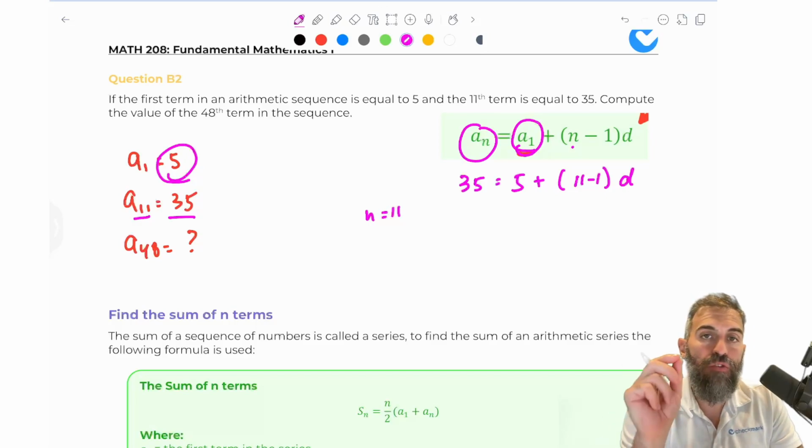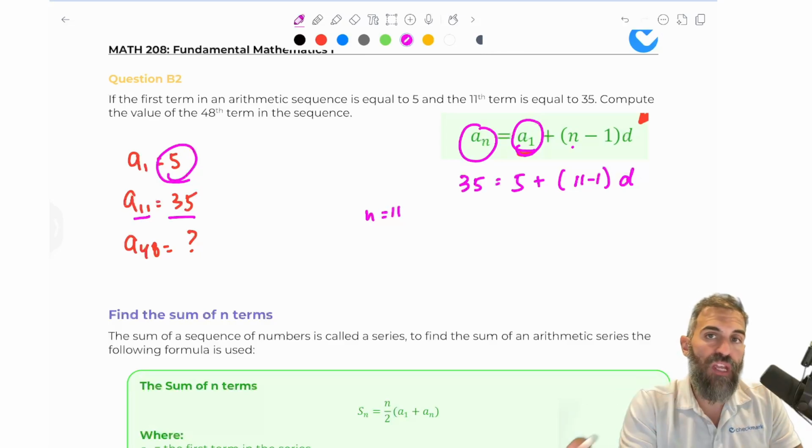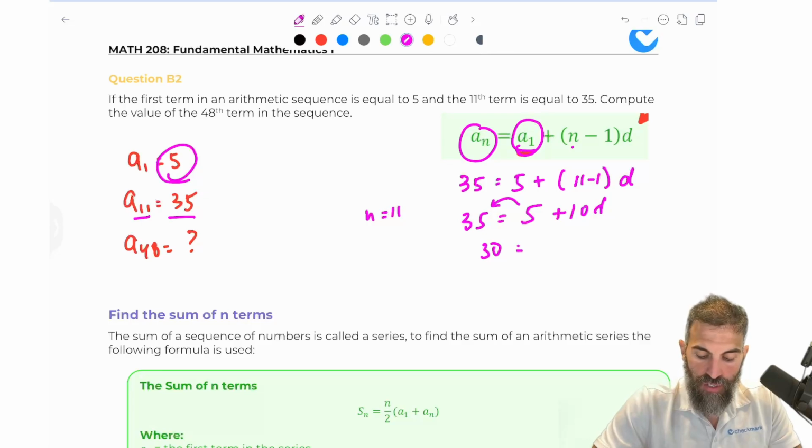Okay, guys, so if they don't give you two consecutive values, it's totally fine. Use the same formula to solve for the slope, and then from there you can figure everything out. So this would be 35 equals 5 plus 10d. If I bring that 5 over, that's 30 equals 10d, divided by 10. So the slope is 3.